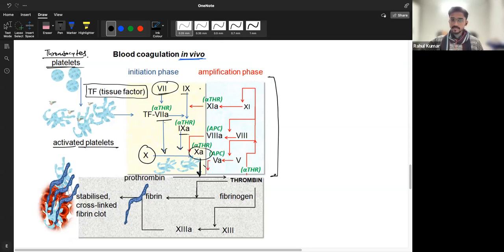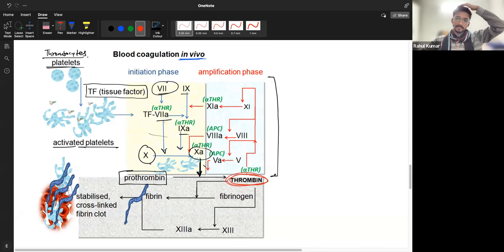This cascade of factors in the blood converts prothrombin into thrombin. So this is the molecule you have to keep in mind. Thrombin is a very important protein in our body. Pro means inactive form of it. All the time our blood does not need to be clotted.